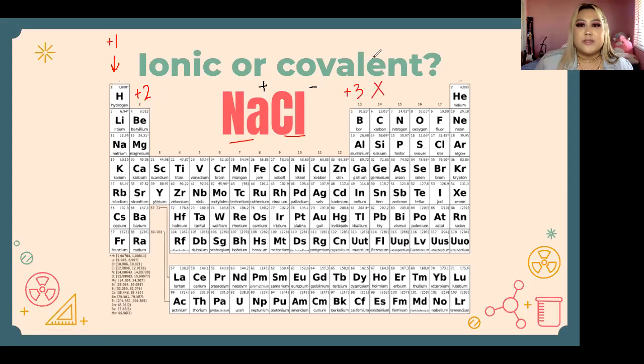This one's kind of weird, I think it's +4, but we'll just keep that as an X because usually she won't put anything there, so you don't need to worry about it too much.